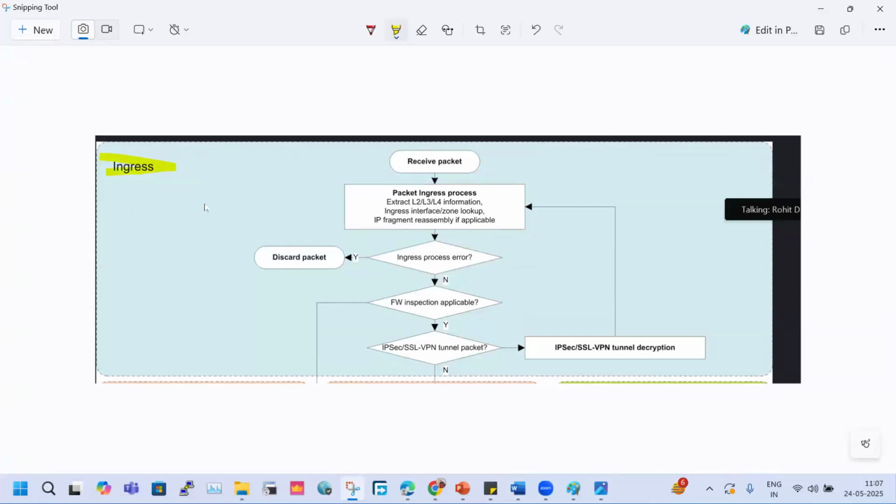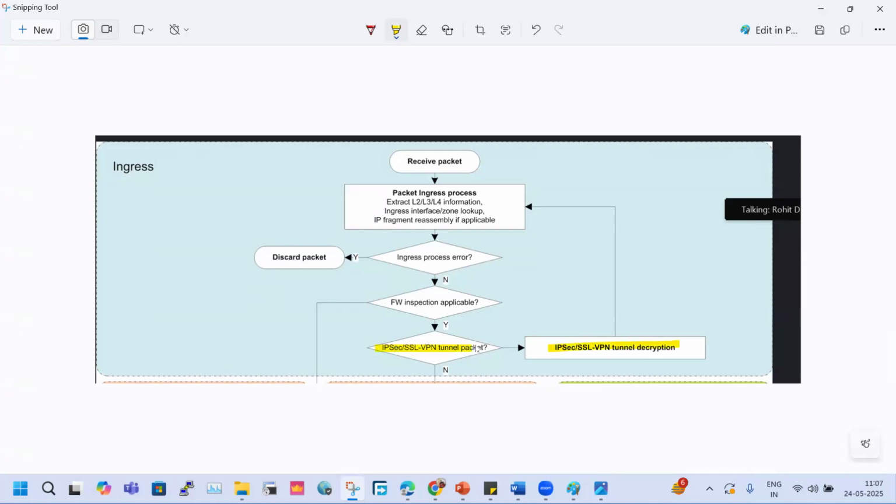Previously we discussed the engines available in the hardware and in which engine it will check the content inspection. Here we are discussing at which stage decryption and all those checks will be done. After tunnel decryption it goes back to the packet ingress process.